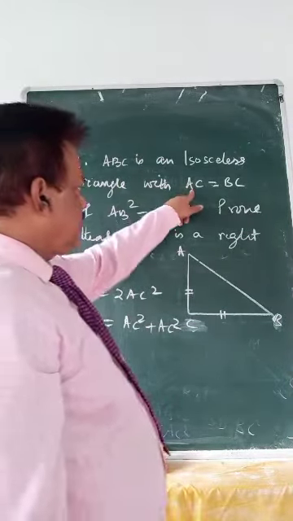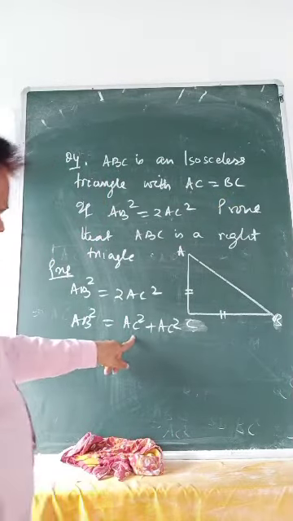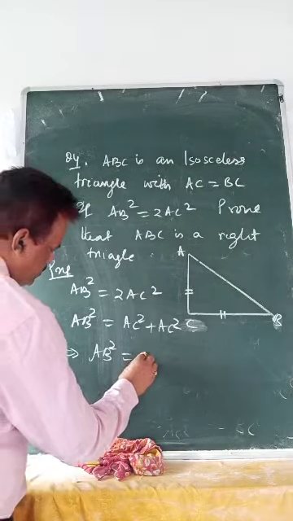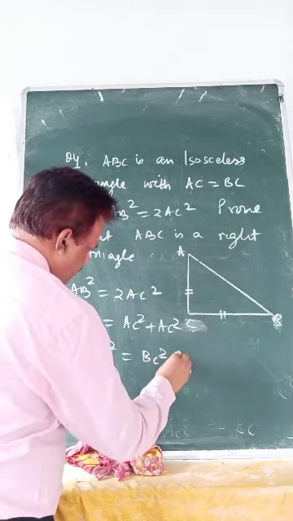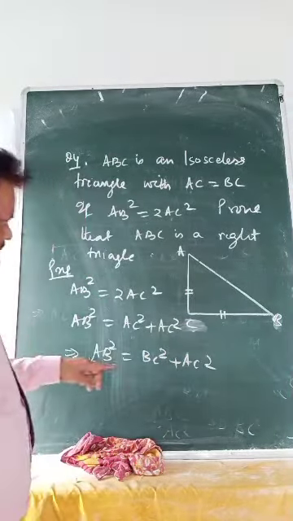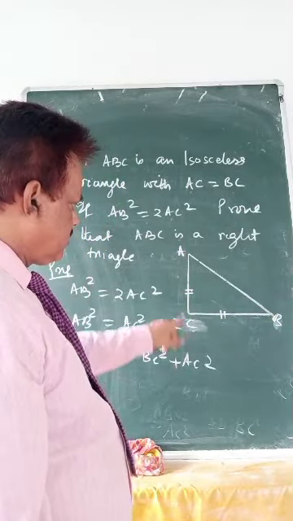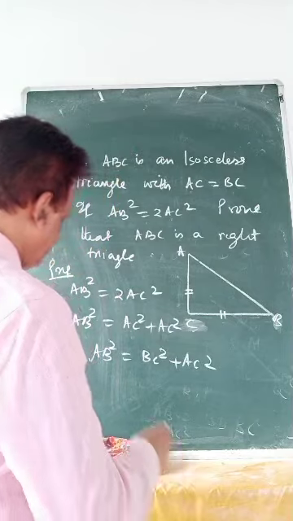Since AC is equal to BC, AB square equals BC square plus AC square. So that means this is a right triangle.